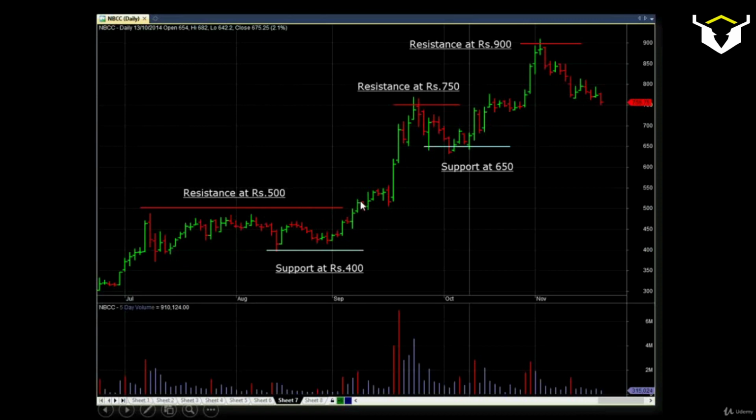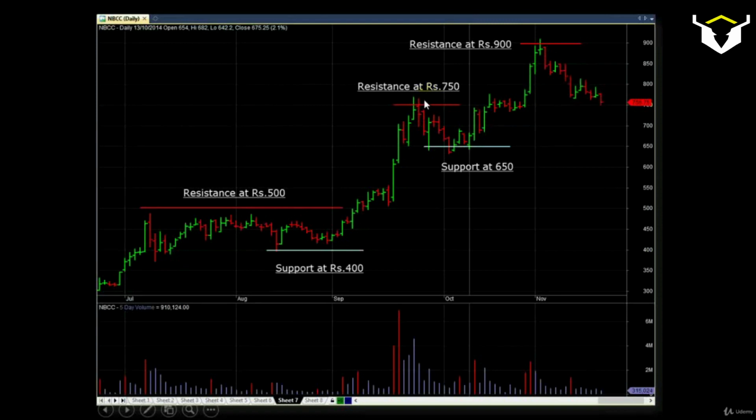You can see it went up, came down, tested the level of 500, then went up to 550, came down again, failed to penetrate 500, and then finally it broke out to a new high, surged up to 750, came down, found support at 650, went up to the level of 750 again, consolidated for a week, finally broke out to a new high and surged as high as 900 before finding resistance at 900, from where it started drifting lower.